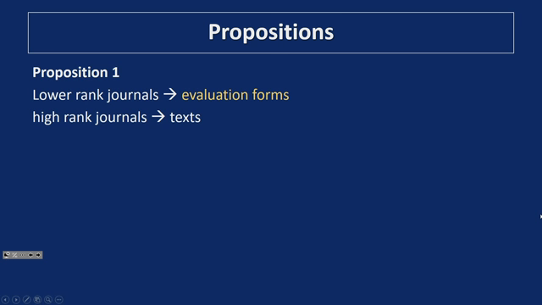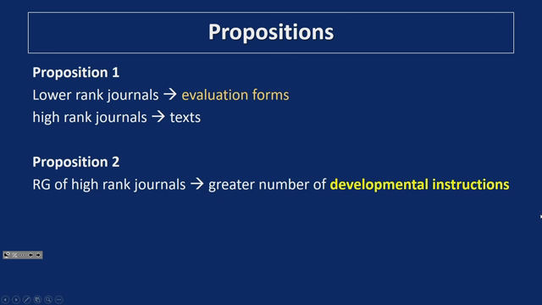In fact, high-ranked journals rely on more expert reviewers, who might not like to be constrained by very specific instructions. On the other side, low-ranked journals often rely on less experienced researchers, who might find it useful to have very precise instructions. The second proposition is that reviewer guidelines of high-ranked journals have a larger number of developmental instructions than low-ranked journals.